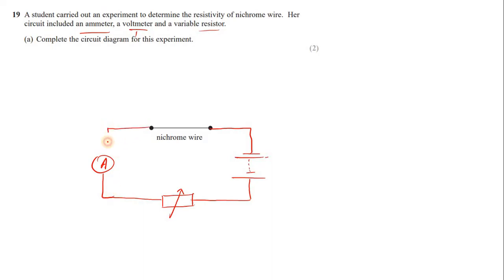So this is your complete circuit. If you wish, you can put a key or switch, or it's fine. And the voltmeter is left. The voltmeter is always connected parallel to the component that you are studying. And you are studying the nichrome wire, so the voltmeter is connected parallel to the nichrome wire. This is the circuit.